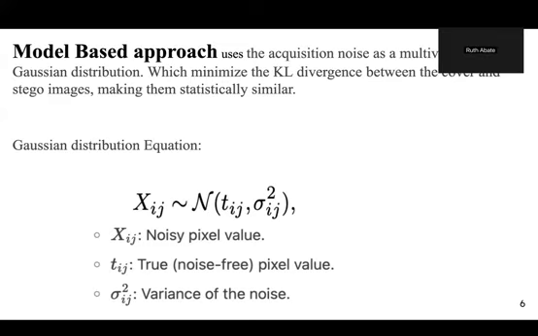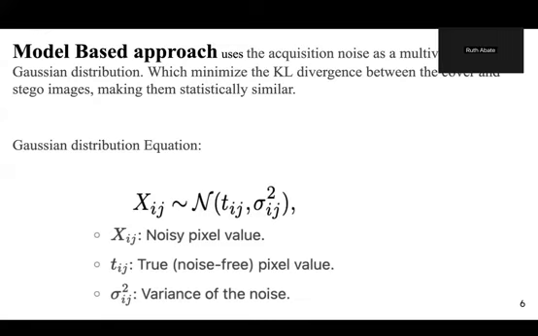This allows us to mathematically describe how the noise affects the image. By using this model, the authors can design an embedding rule that minimizes the KL divergence between the cover and stego image, making them statistically similar and hard to detect.